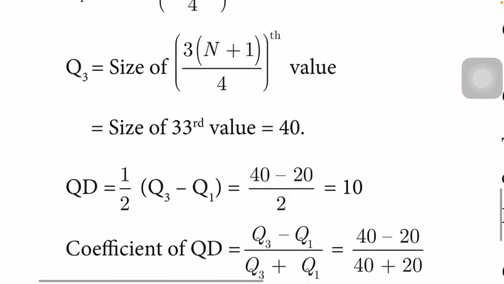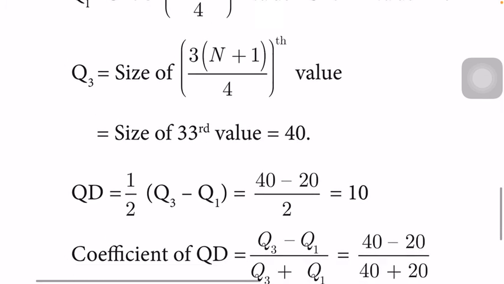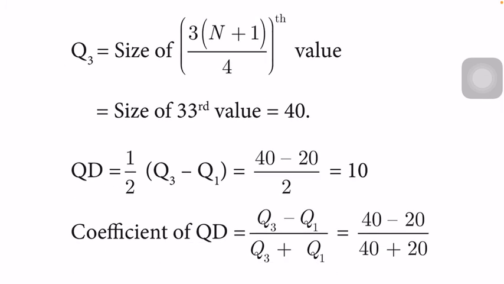Now, quartile deviation, that is half into Q3 minus Q1. So, half into Q3 is 40 and Q1 is 20. 40 minus 20 is 20, by 2, that is equal to 10. Now we have found the quartile deviation. Now, the coefficient of quartile deviation is Q3 minus Q1 divided by Q3 plus Q1.